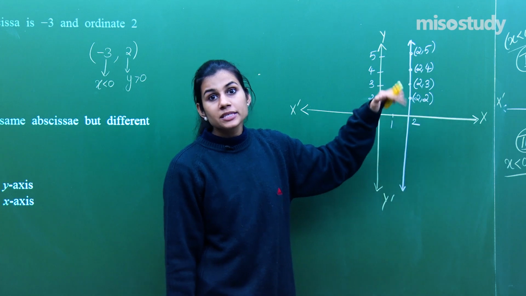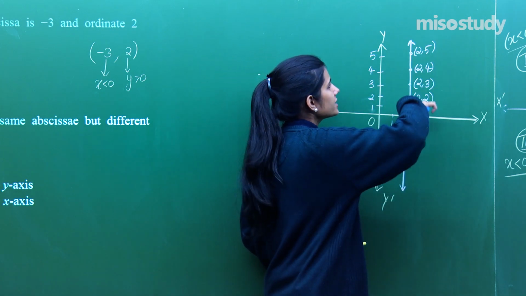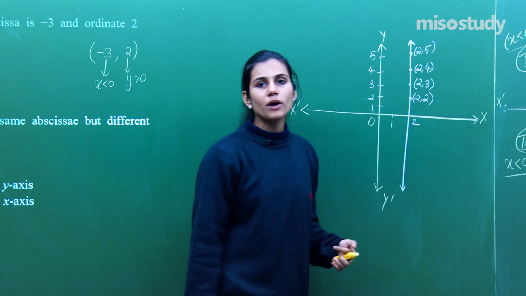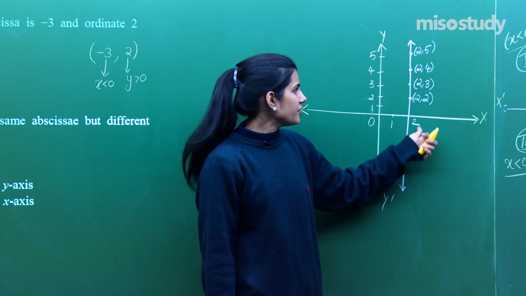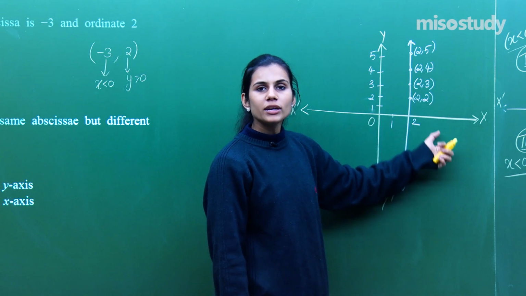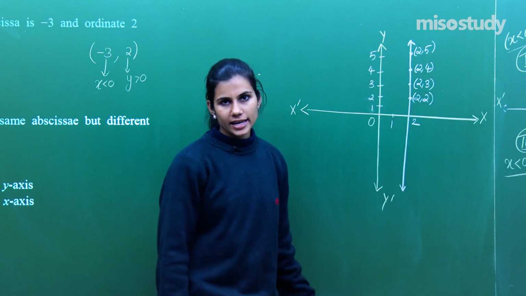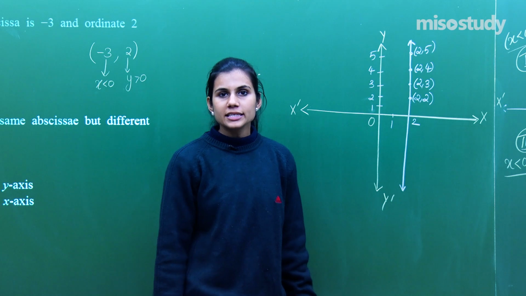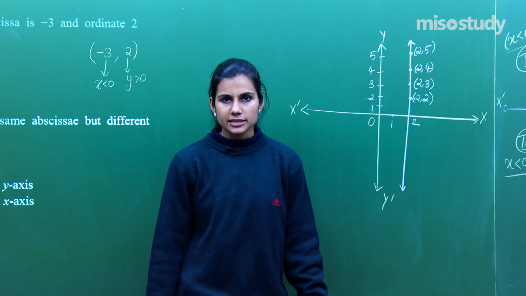Ordinates are differing, abscissas are remaining the same. Why is that happening? Because all these points are lying on the line parallel to y-axis passing through that abscissa which is the same. So if there are 2 points whose abscissas are same and ordinates are different, that can only happen if those 2 points are lying on a line parallel to y-axis. And what is the value of that same abscissa?